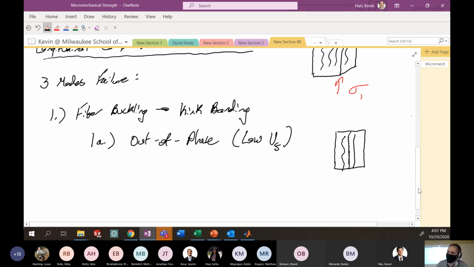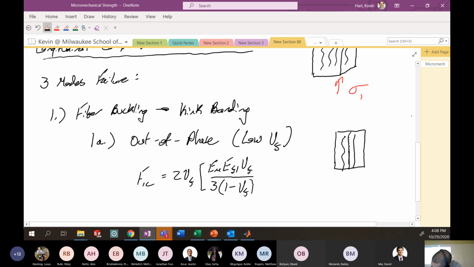And in this situation, we saw that the failure strength was the following: 2 times VF times the modulus of the matrix times the modulus of the fiber in the one direction times the volume fraction of the fiber, all divided by 3 times 1 minus the volume fraction of the fiber.